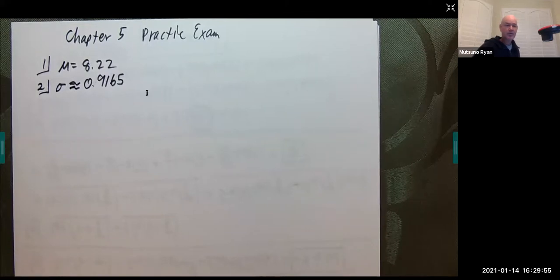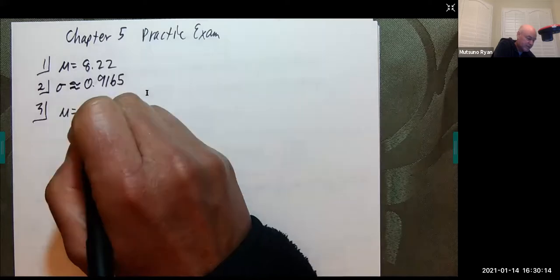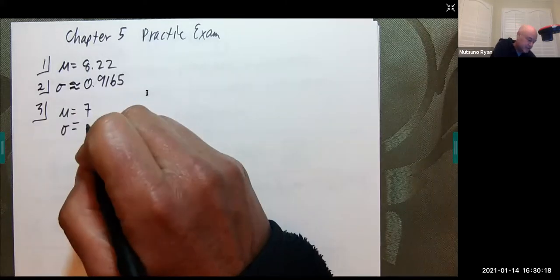Next up, we have number 3. Focus groups of 12 people are randomly selected to discuss products of the famous company. It is determined that the mean number in the group who recognize famous brand name is 7. Standard deviation is 0.6. So for number 3, we have the mean is 7 and the standard deviation is 0.6.